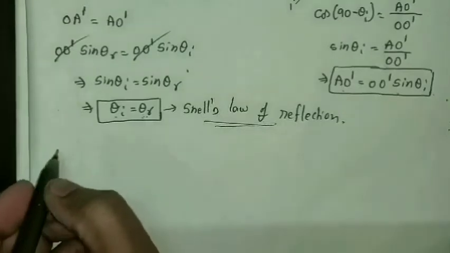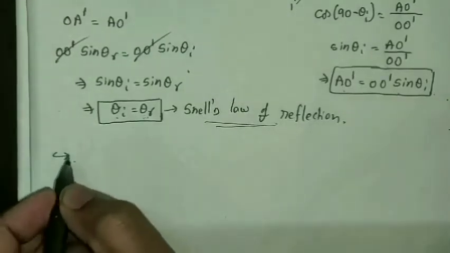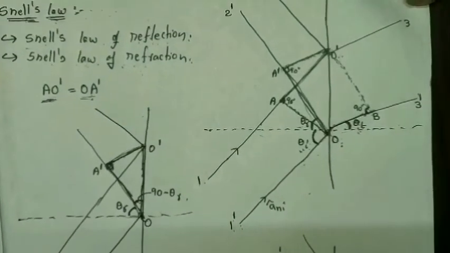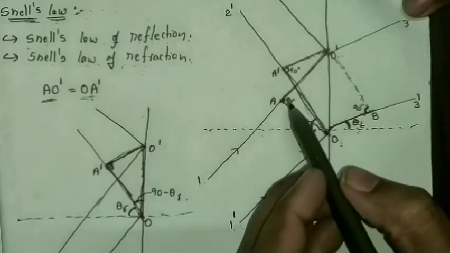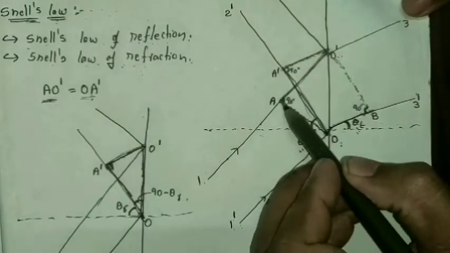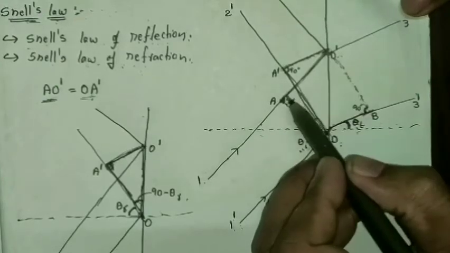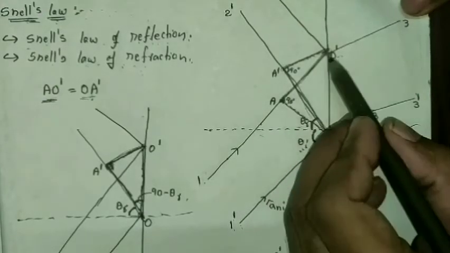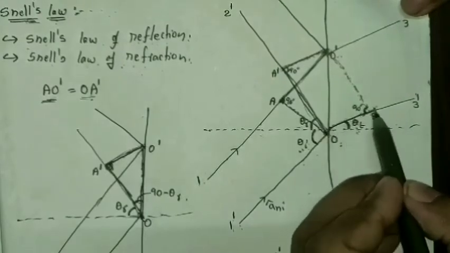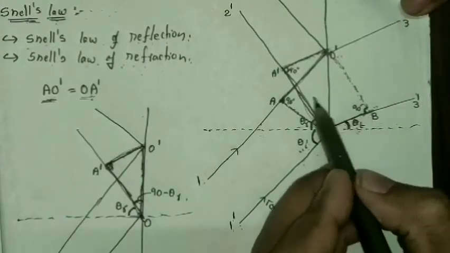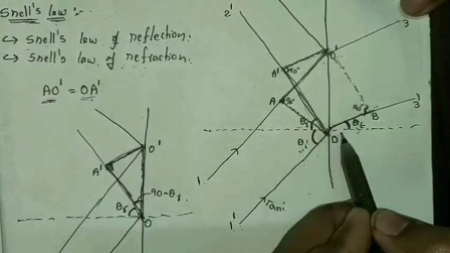Here, as we already said, this is a very important notation. In the next step, as we already know from the experimental observations, the distance covered by the incident electromagnetic wave from A to O' is also equal to O to B. As a result, the time taken for the wave to reach from A to O' is also equal to that for OB.